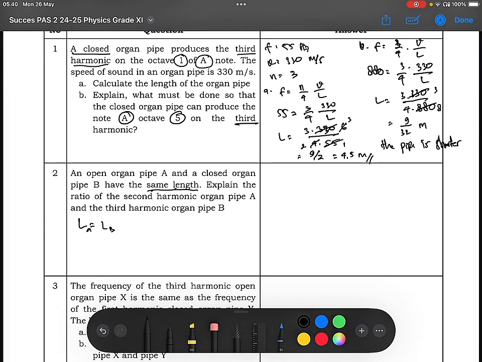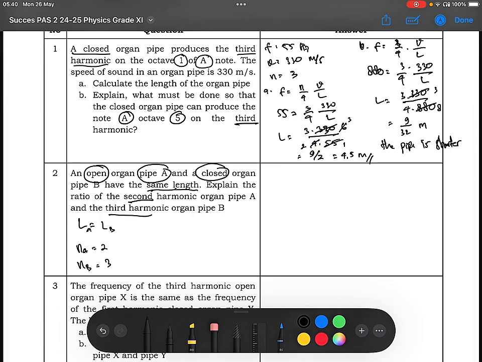The second harmonic of A is 2, and the third harmonic of B is 3. And pipe A is the open organ and pipe B is the closed organ.